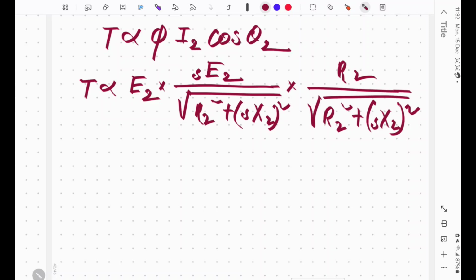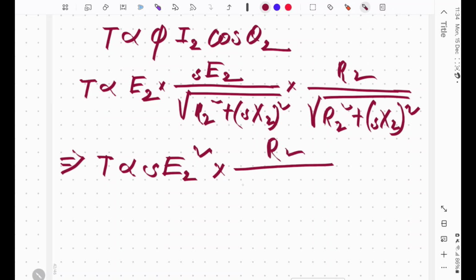Combining these terms, we get T proportional to S E2 square into R2 by R2 square plus (S X2) whole square.